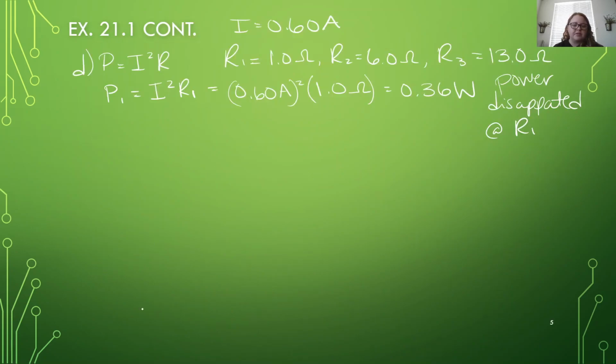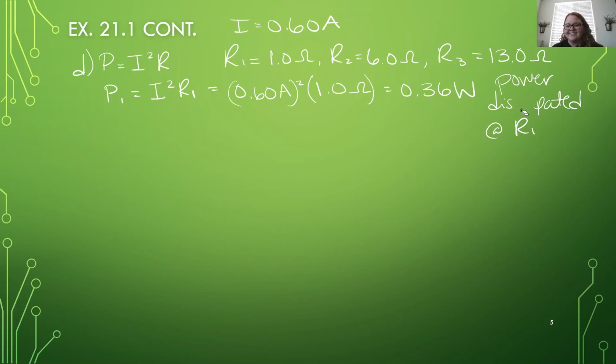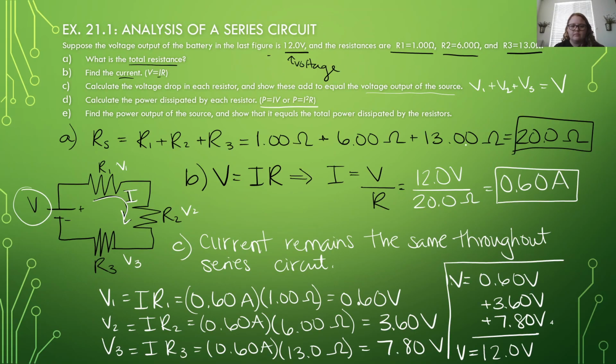Dissipated, I spelled it wrong. Surprise, surprise. So we'll need to do that for each of our resistors.